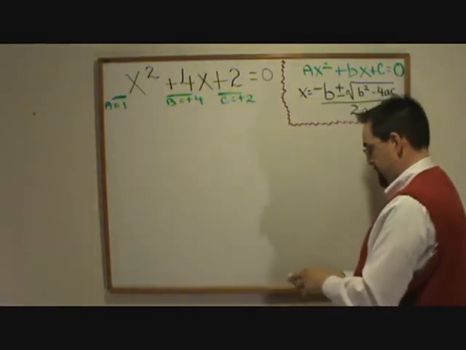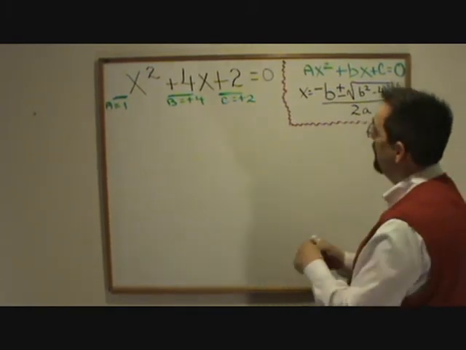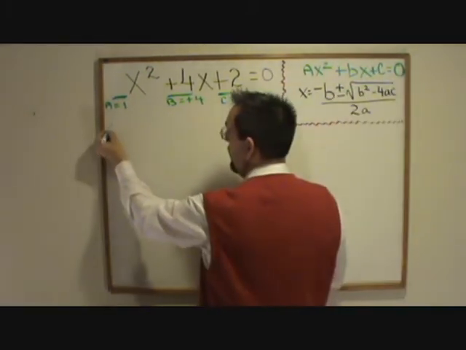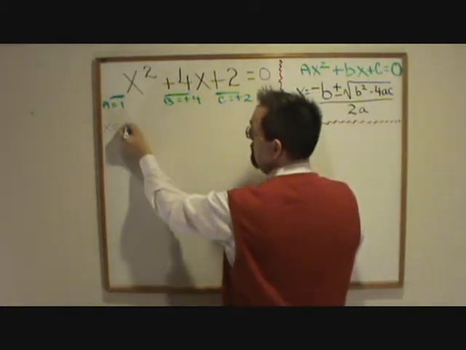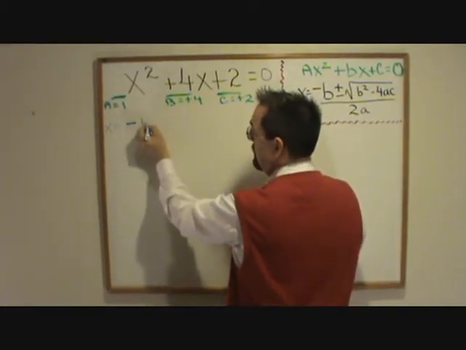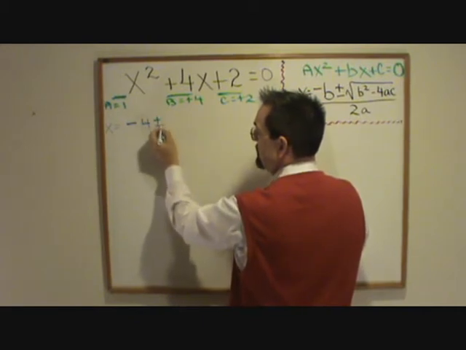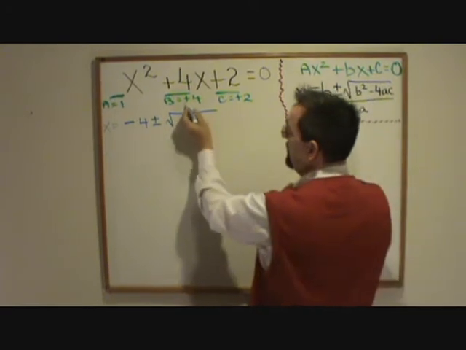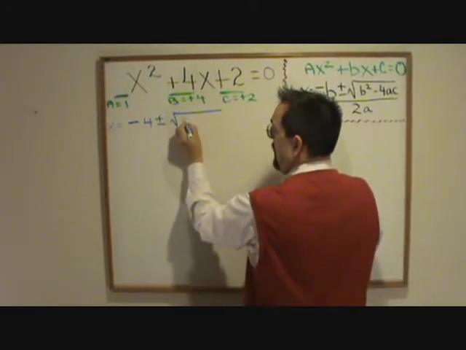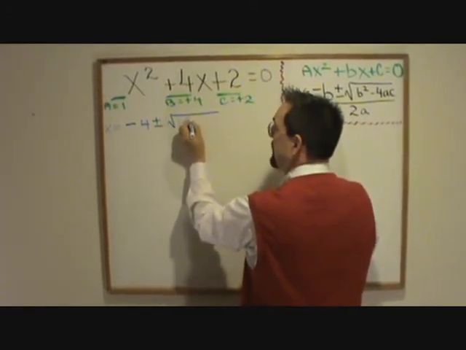Okay, now we know that x equals minus b plus or minus the square root of b squared. I always write it inside a quantity.